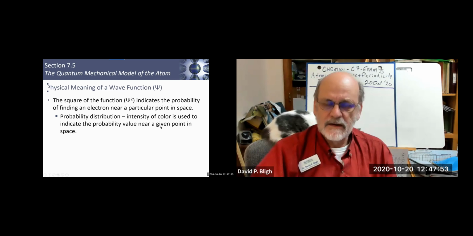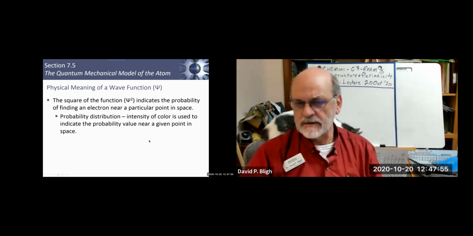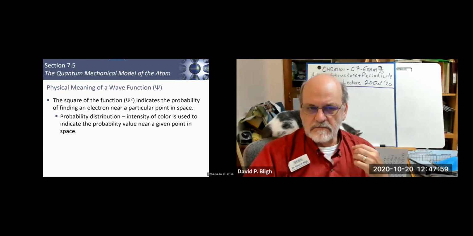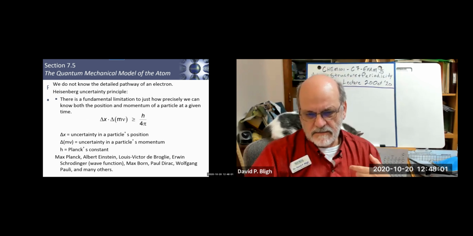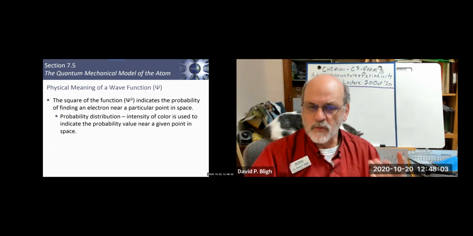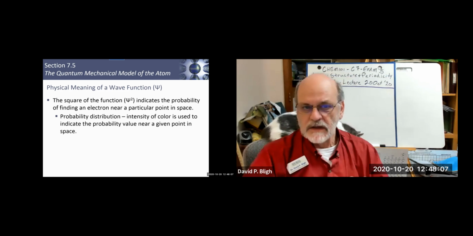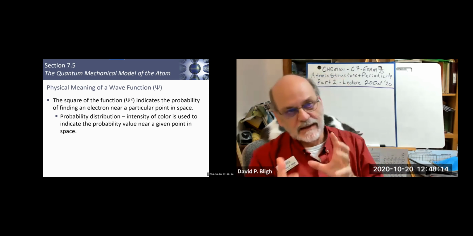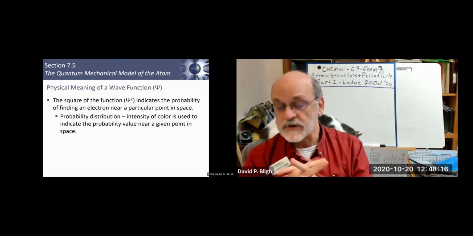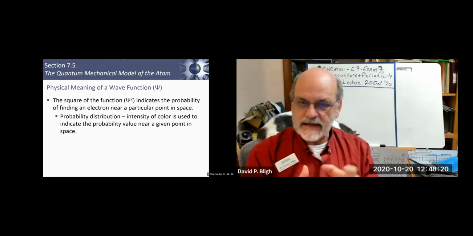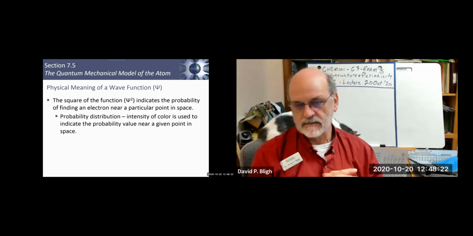Okay, so to make a long story short, Schrodinger came up with a set of equations, and they were refined over the years, that described the probability, let's put it that way, the probability of finding an electron in a given space around an atom.